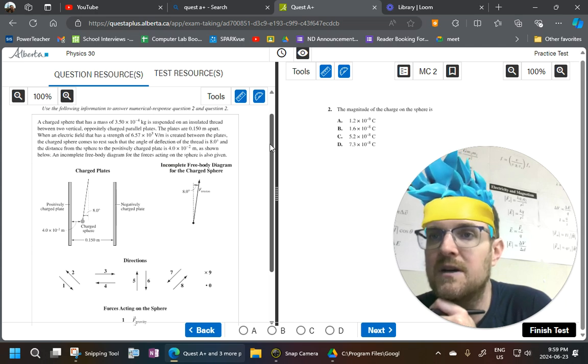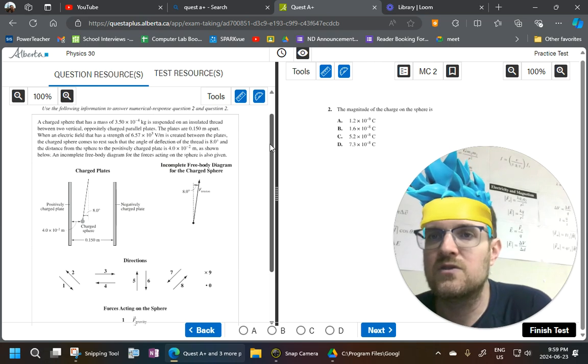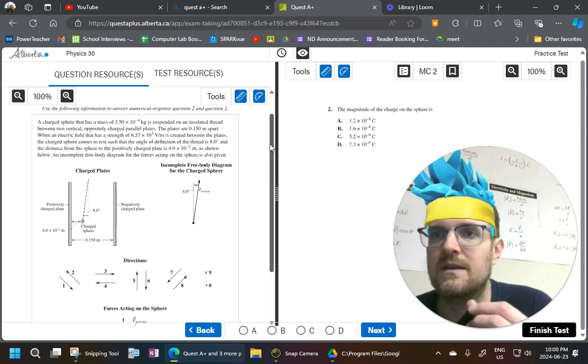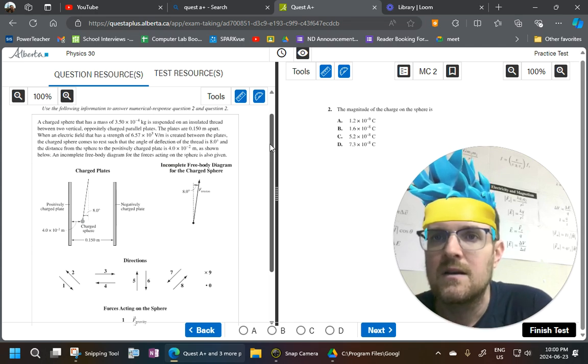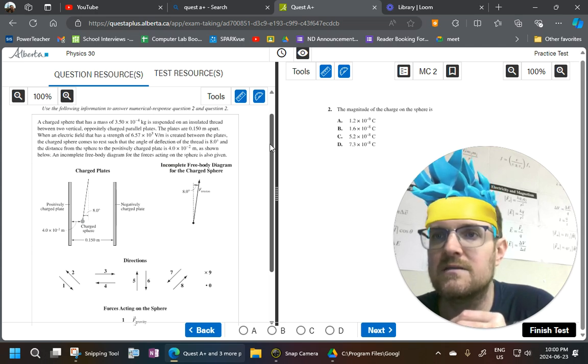They're about 15 centimeters apart, and the electric field has a strength of 6,570 volts per meter between the plates. The charged sphere comes to rest at an angle of 8 degrees, and the distance from the sphere to the positive plate is about 4 centimeters.